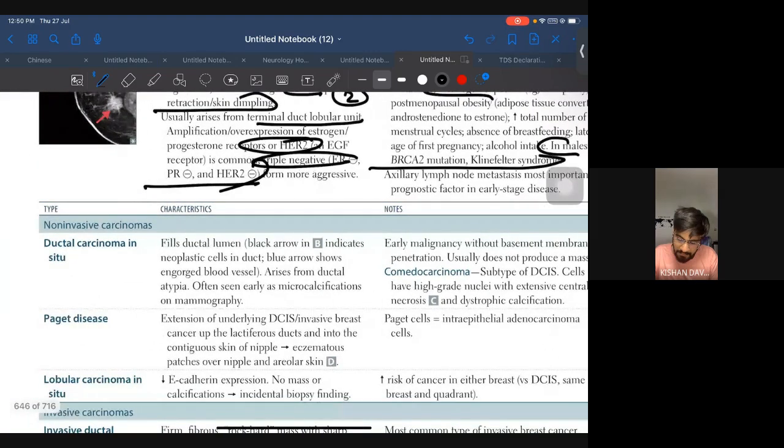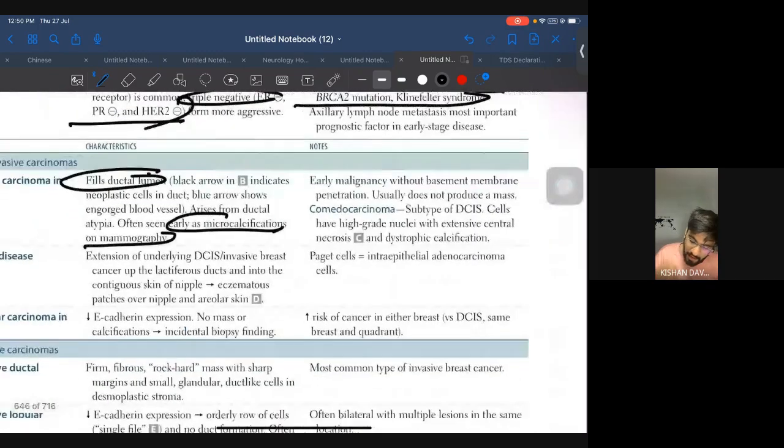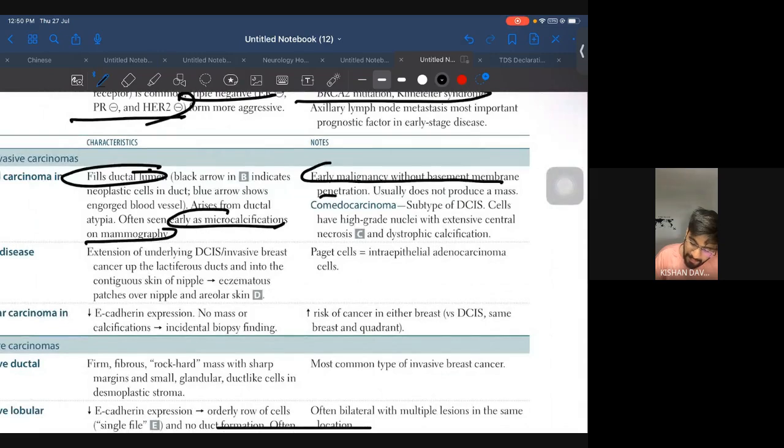Now let's just see the type. Ductal carcinoma in situ. The ductal carcinoma in situ fills ductal lumen. Then you have often seen early as a microcalcifications on mammography. Early malignancy without basement membrane penetration. This line is very important. This was asked in UL. Without basement membrane penetration.